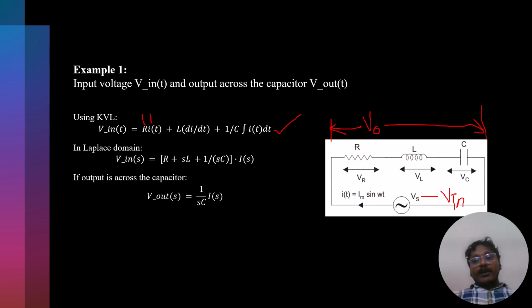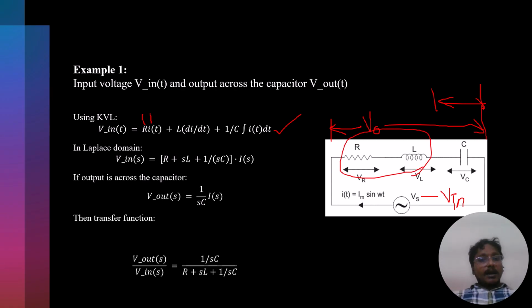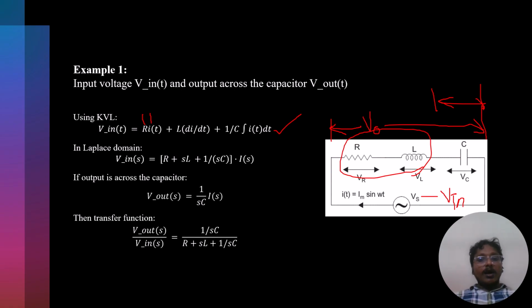But if I consider only the capacitor, the remaining two become part of the input. Then the transfer function is V out of s by V in of s equals 1 by sC divided by R plus sL plus 1 by sC. This is how a general RLC circuit is written as a transfer function.